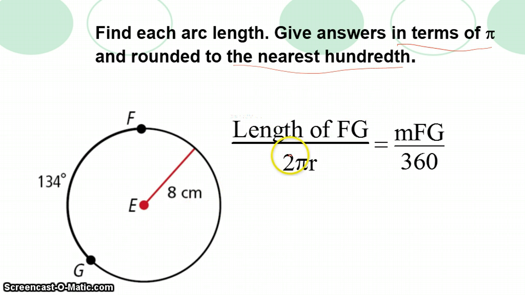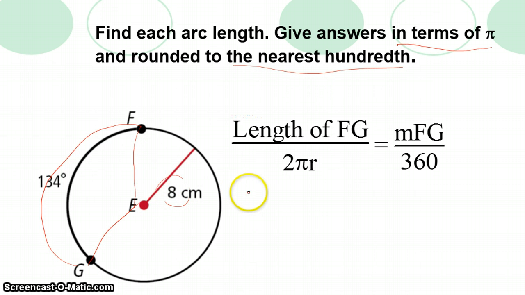Okay, so we're going to use our standard proportion: the length of the arc over the circumference, equal to the measure of the arc over the total degrees of 360. So we're going to look at the length of arc FG, from here to here. You could draw in the radius for those, but you already have it here, which is your 8.